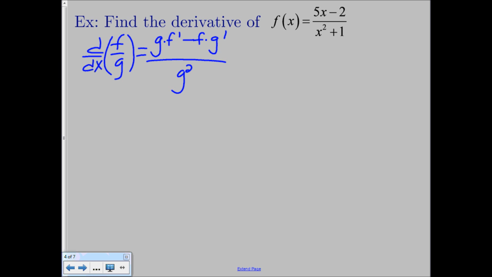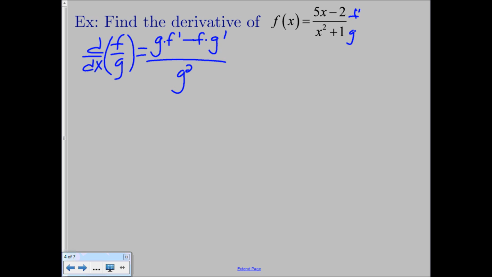Okay, so just like before with the product rule, let's label what we're going to consider f and g. So we're going to let f be the top, g be the bottom, which is always the case for quotient rule. For product rule, you can pick them in either order, but for quotient rule, f is always the top of your function, and g is always the bottom.